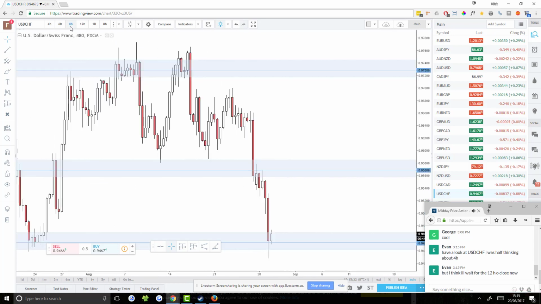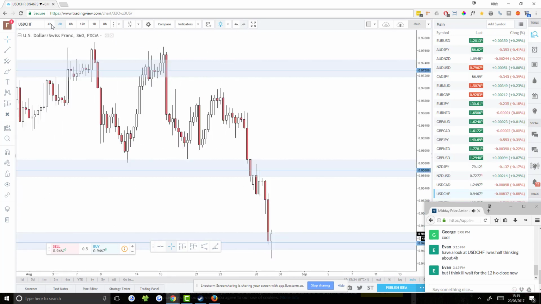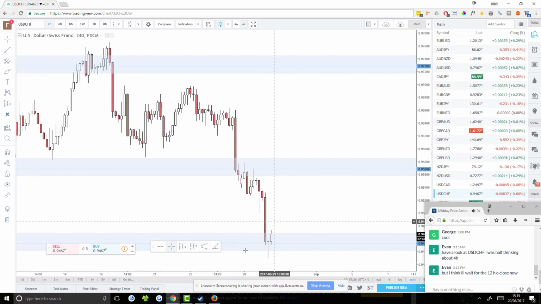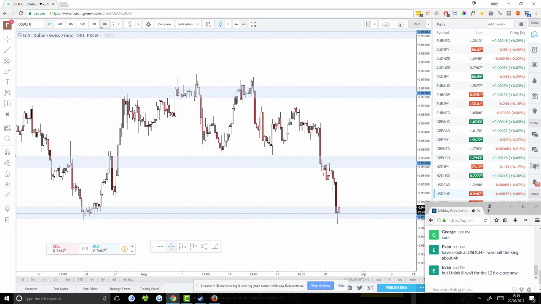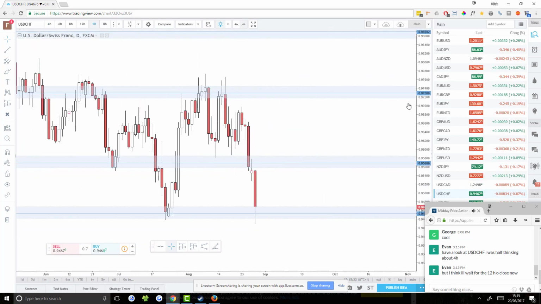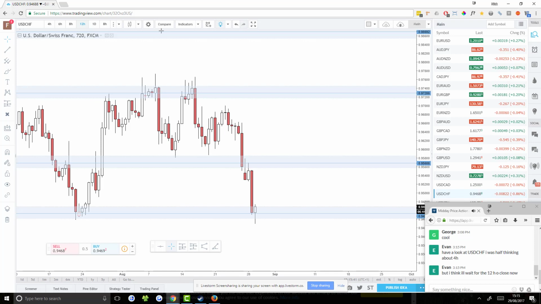Yeah, I'm looking at it now and I'm thinking the same thing. I mean, it looks okay on the 4 hour, of course, but I don't want to jump the gun with that. It's a pretty strong move down. I don't want to just jump in on the 4 hour. I want to see it actually stall properly before I decide to jump in.